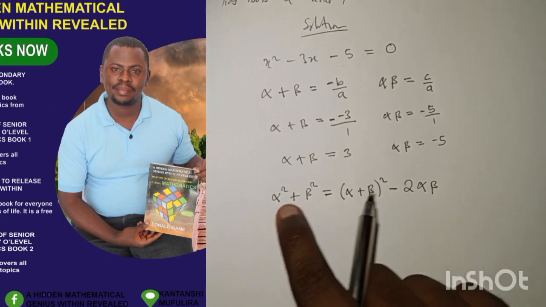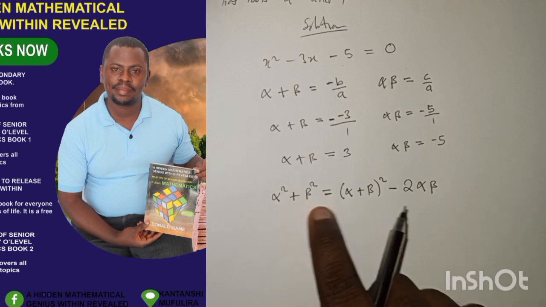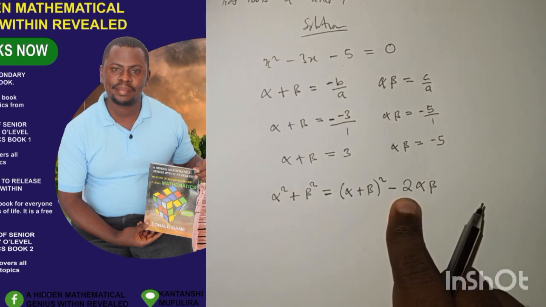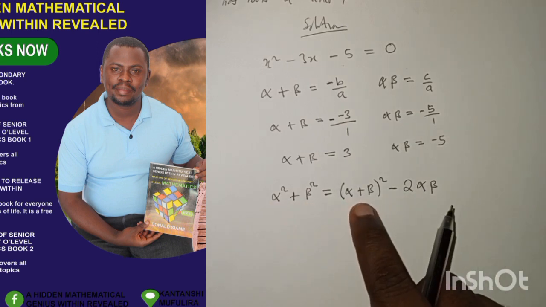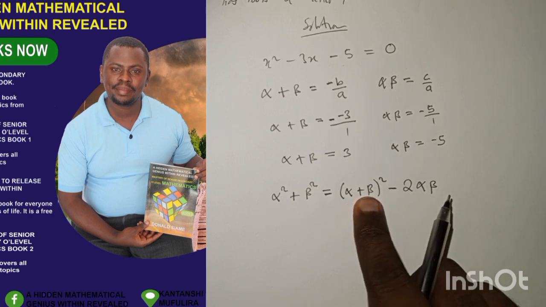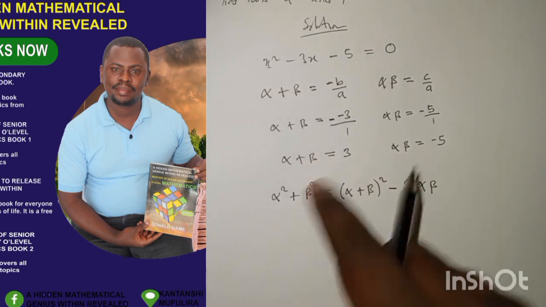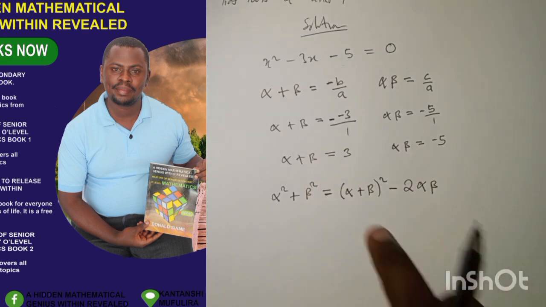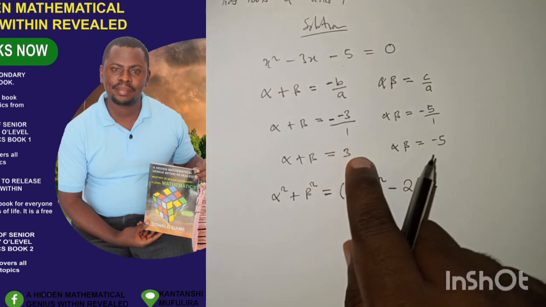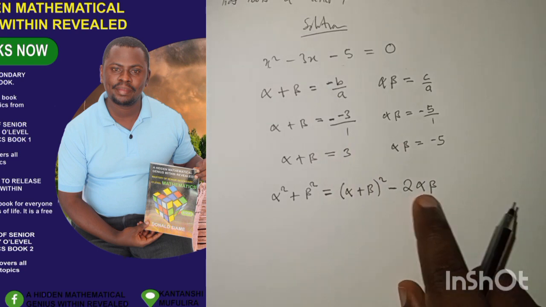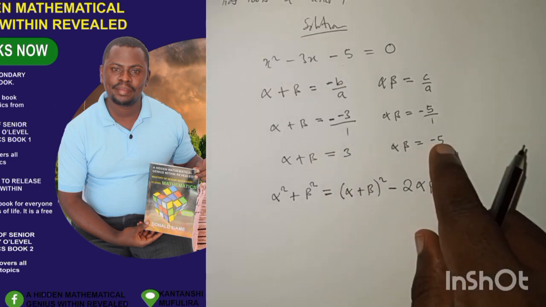That's an identity. We know what alpha plus beta is, and we know what alpha times beta is from this. So where there is alpha plus beta, we are going to put a 3, and where there is alpha times beta, we are going to put a minus 5.